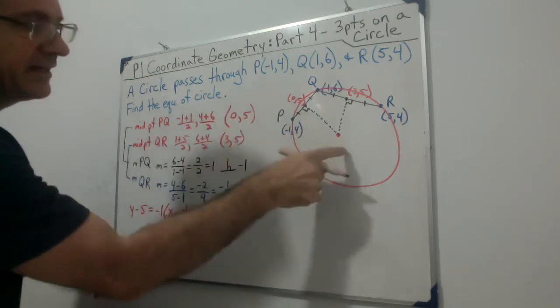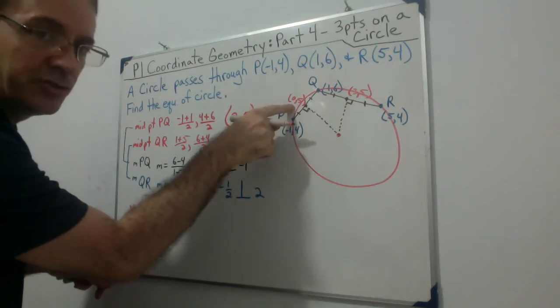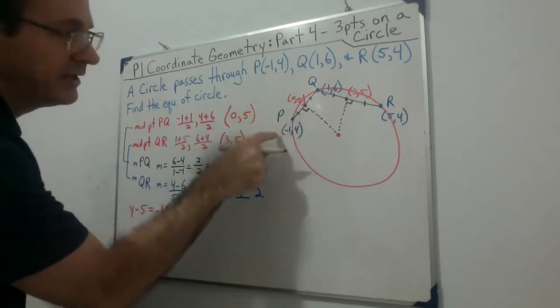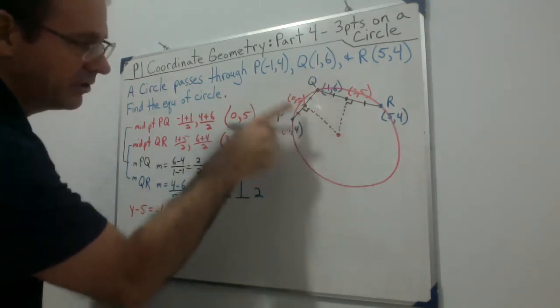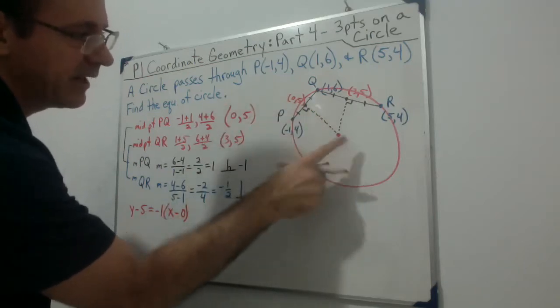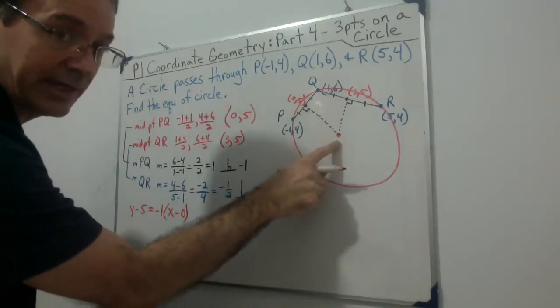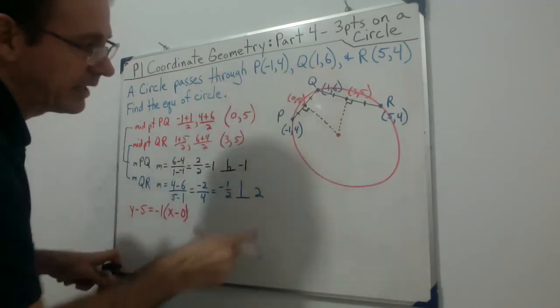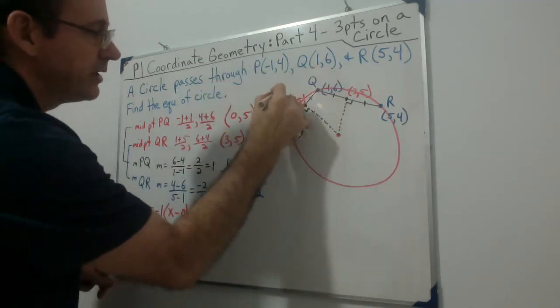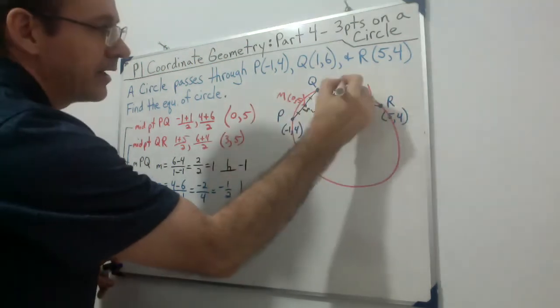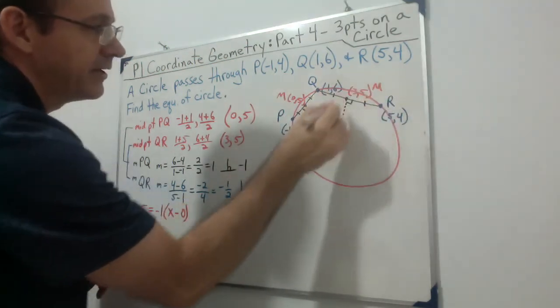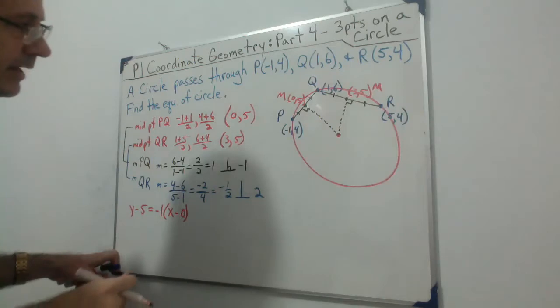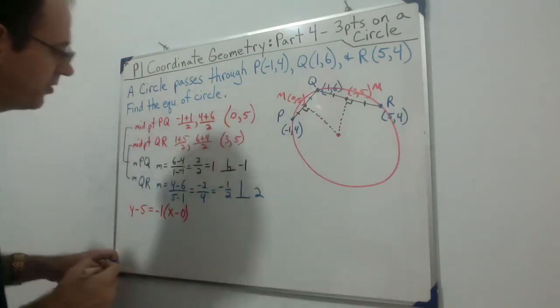In this case, it is important to use the midpoint. You cannot use P or Q, because you need a point that's on the line. We don't know the center yet, so we can't use that. P and Q are not on the perpendicular bisector. So we need to make sure we use this midpoint here and this midpoint over here when doing the perpendicular bisector. So we're using (0, 5).